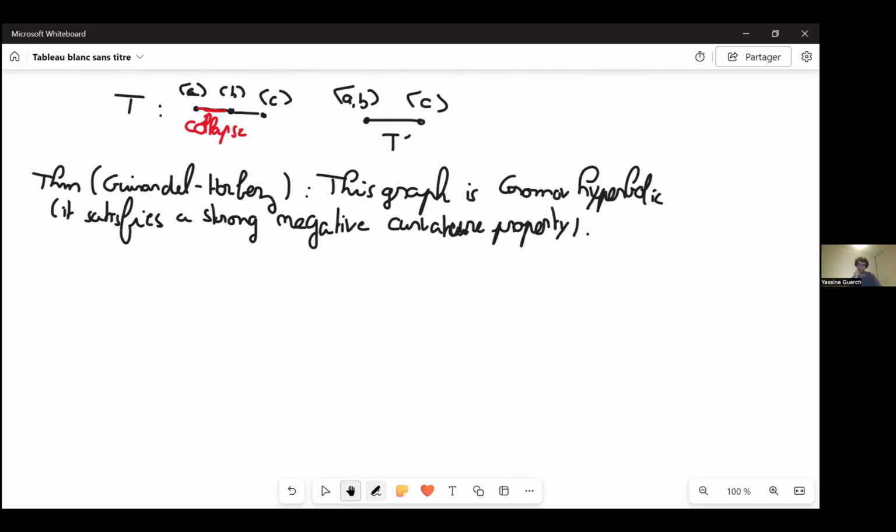It's because from this hyperbolicity, you have a complete understanding of the isometry group of a hyperbolic graph.